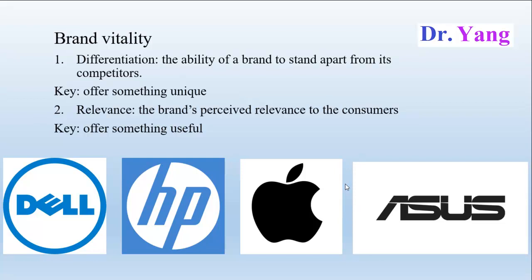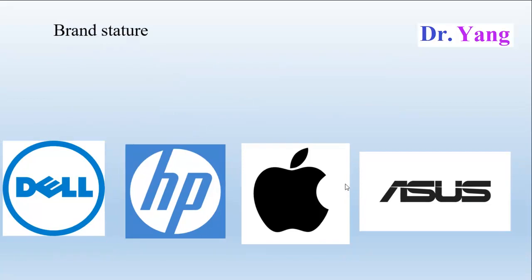But in terms of differentiation, probably Apple will stand out, because Apple computers have a very different, unique design, and their operating system is also different from the other 3. So in this case, Apple stands out in terms of differentiation, but in terms of relevance, they are kind of similar.